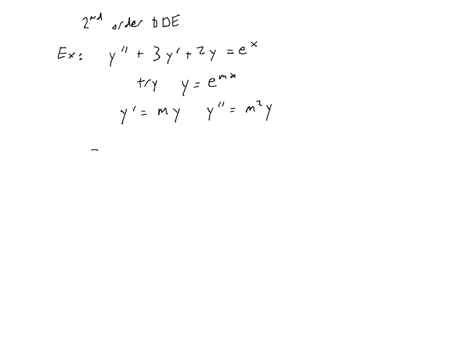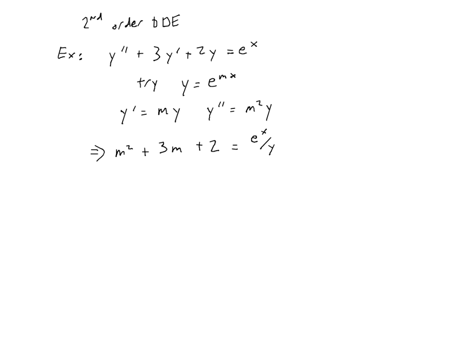And now when I take this and I plug it back into the equation, I get m squared plus 3m plus 2, all of these being multiplied by y, is equal to e^x divided by y. I just divided the y through because these are all multiplied by y.